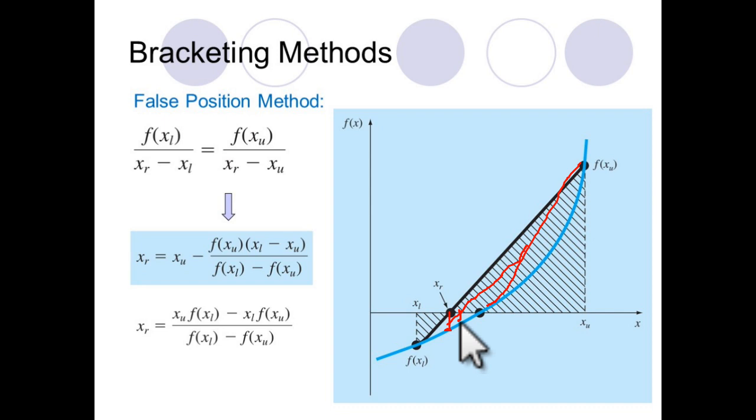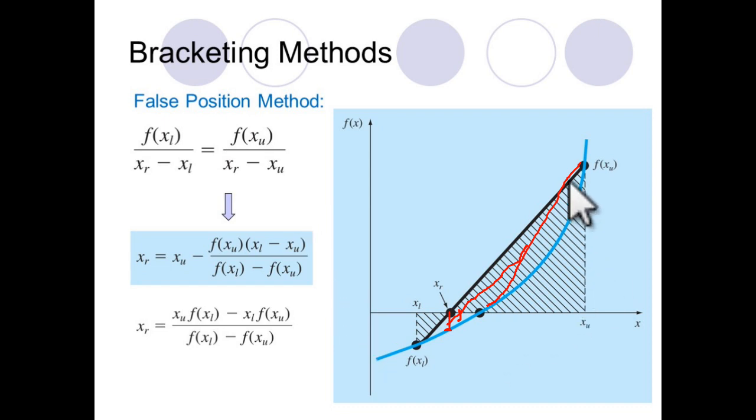Always, because the root has to lie between the upper and lower bounds, how do we calculate this approximation? The straight line gives us f of XL divided by XR minus XL is equal to f of XU divided by XR minus XU.